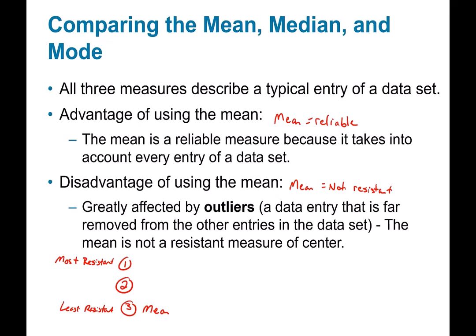The next one up, so it's a little bit more resistant to outliers, is our median. The median is slightly better in relation to outliers because if you only have one or two data values that are really way off, you're not taking into account the value of those, you're just taking into account the position.